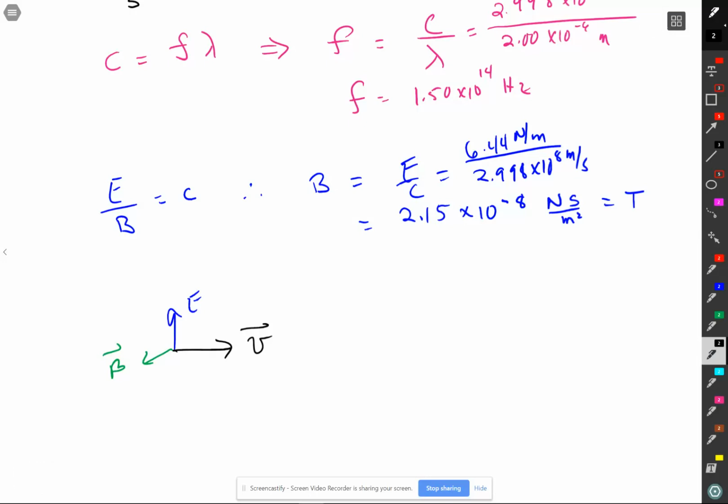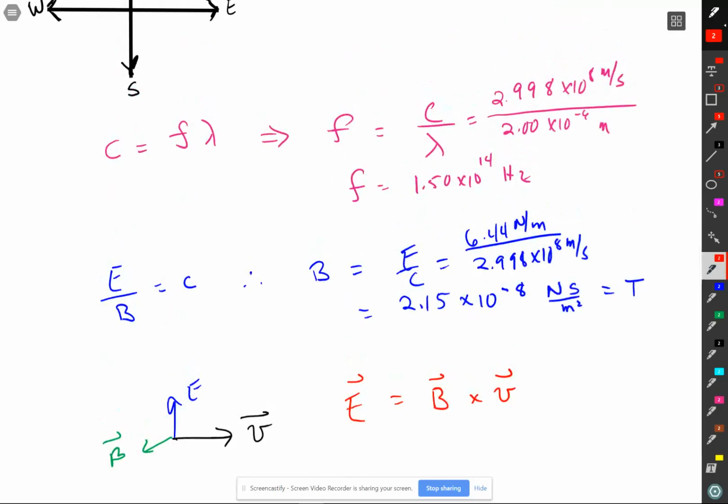But if you want to actually get the correct equation, it is that the electric field is equal to the magnetic field crossed with the velocity. This is the correct relation that gives you both the electric field strength and the direction of the electric field, if you know the magnetic field and the velocity. Now, in this case, we've already used the scalar version of this equation.